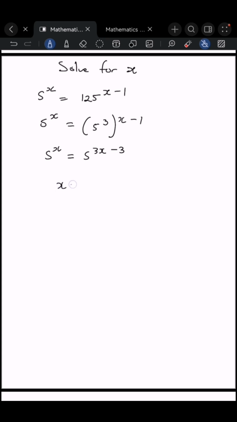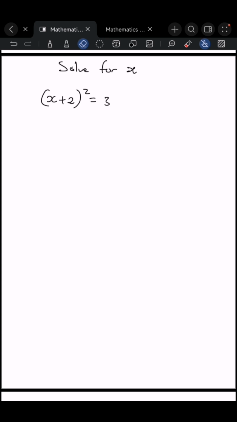Therefore, x is equal to 3x minus 3. The 3 jumps this side and becomes a positive 3, equal to 3x. The x comes this side and becomes a negative. Therefore, 3 is equal to 2x. Therefore, x is equal to 3 over 2.